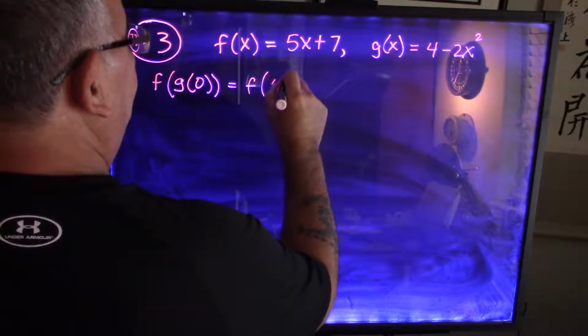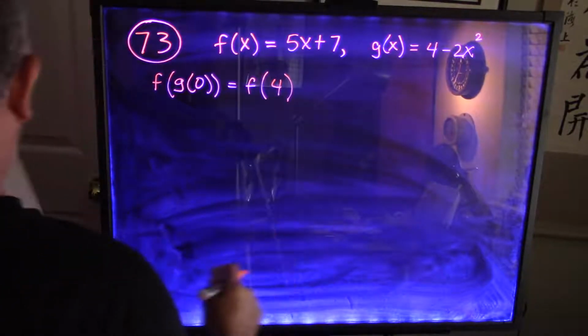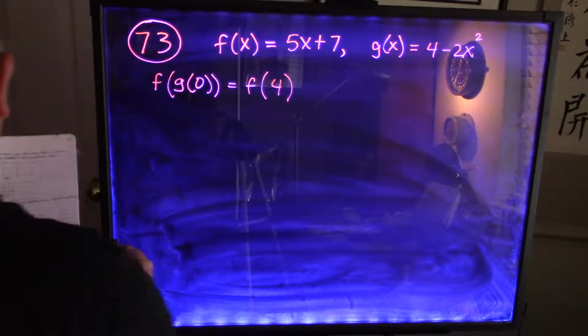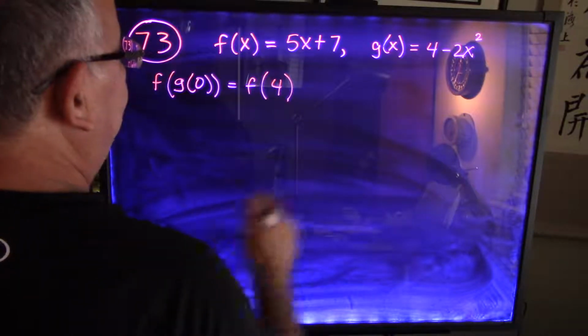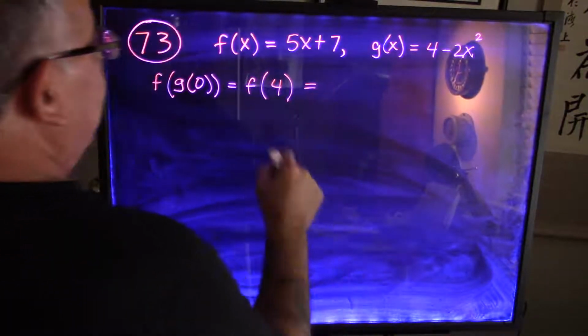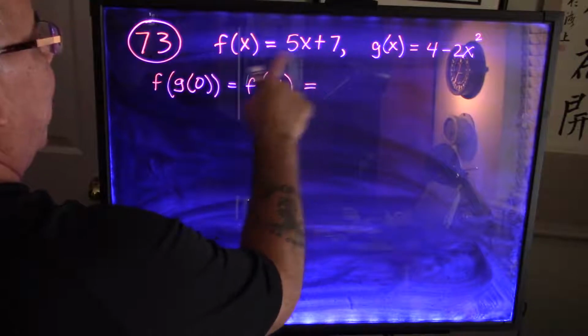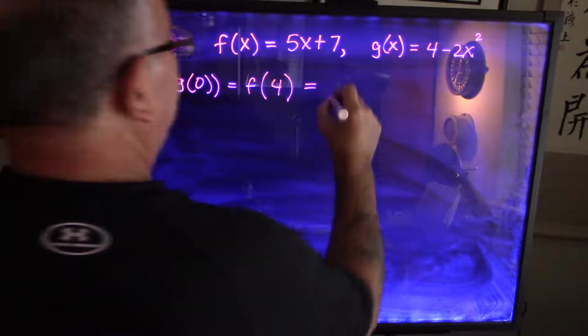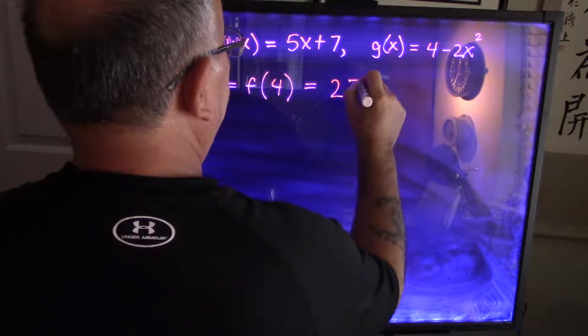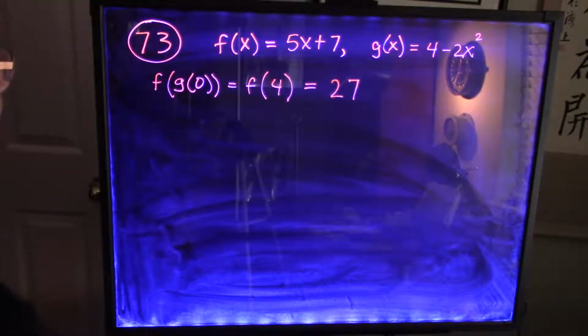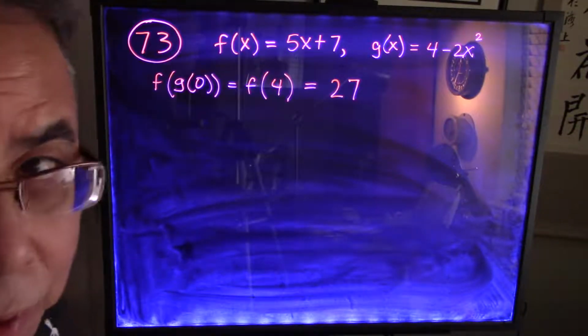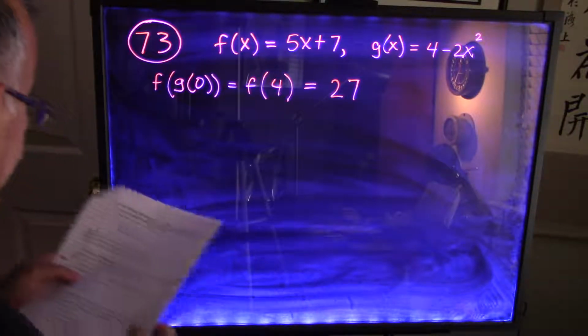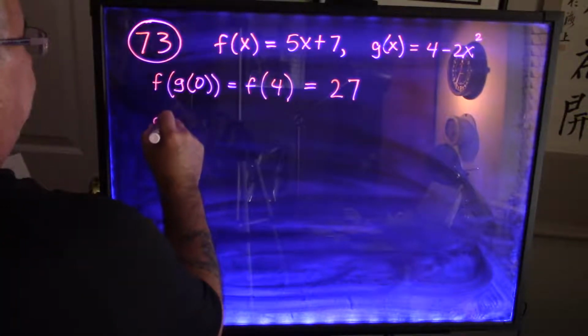F of 4. And what is f of 4? So plug in 4 in f of x here. 5 times 4 is 20, plus 7 is 27. So that's the answer for f of g of 0. It's 27. And then there's g of f of 0.